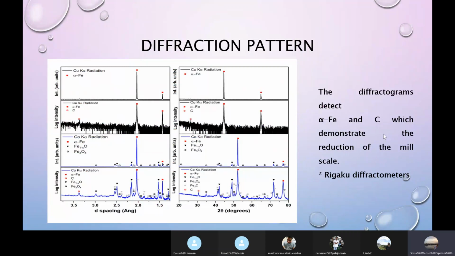The X-ray patterns are two patterns, with copper and cobalt sources, of the reduced sample.